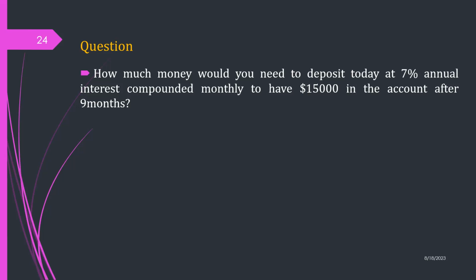For that also you need to use the present value formula, the present value frequency of compounding formula, right? The future value is 15,000.